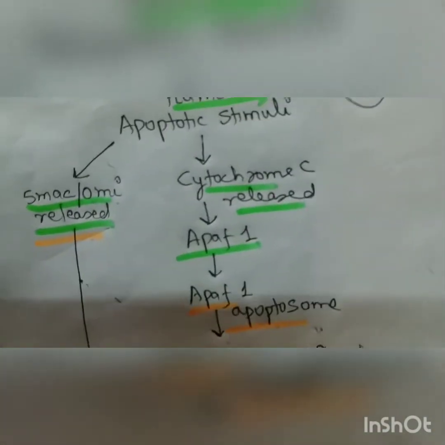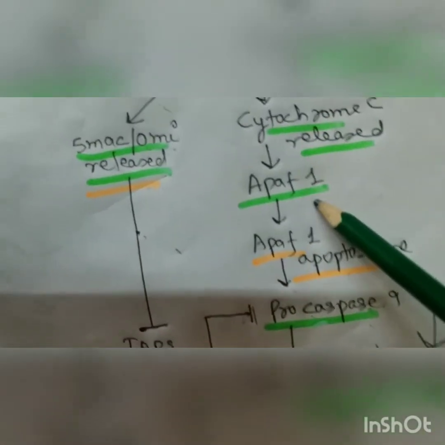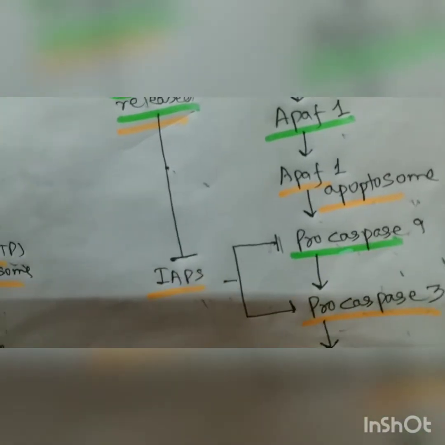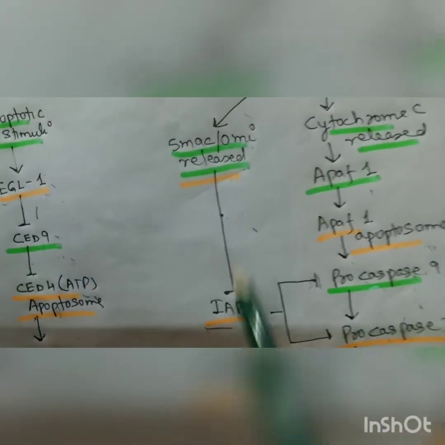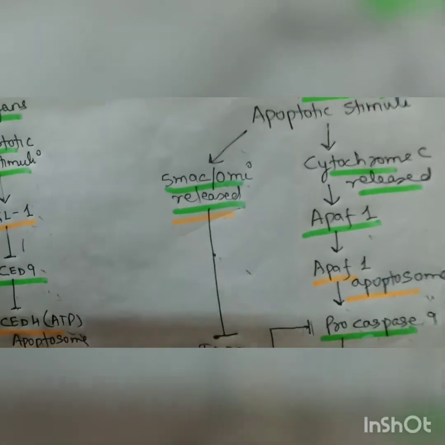Whereas in humans, cytochrome C is released, APAF1 binds cytochrome C and pro-caspase 9 to form the apoptosome with pro-caspase 3. The inhibitors are IAPs, which are basically caught hold of by SMAC or OMI. So this is basically the crux of the intrinsic pathway.